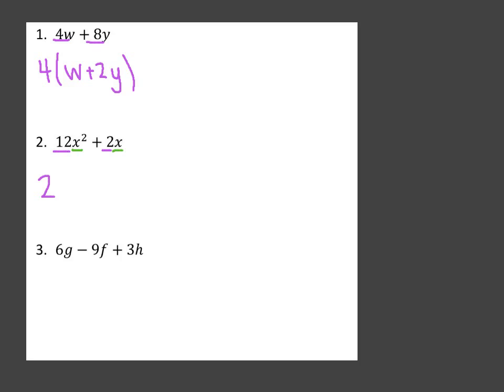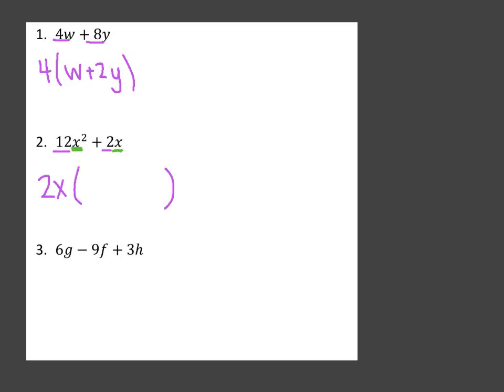Well, my first term had 2 x's, and my second term only had 1 x. So if I think about how many x's do the terms have in common with each other, they each only have 1 x in common with each other. So my GCF, or what I put in the front, is going to be 2x.